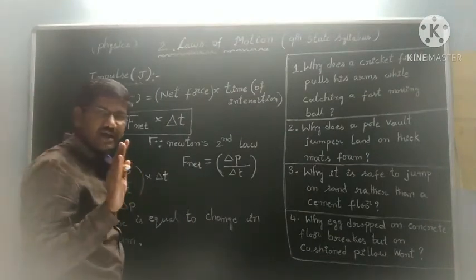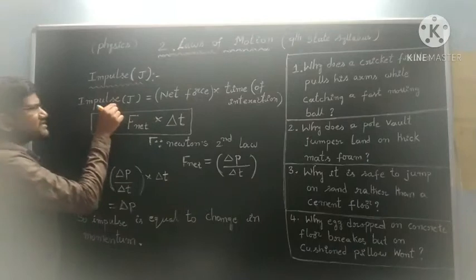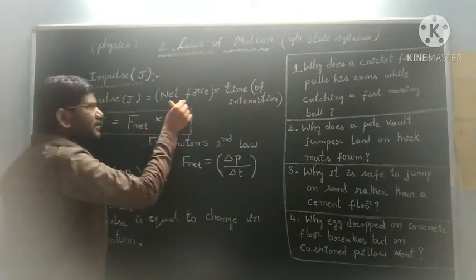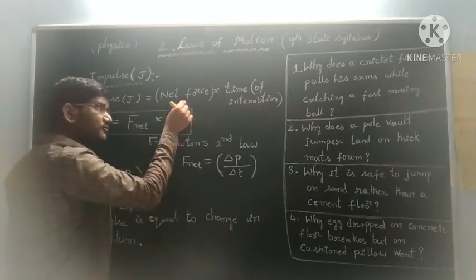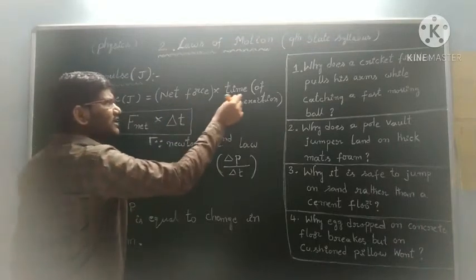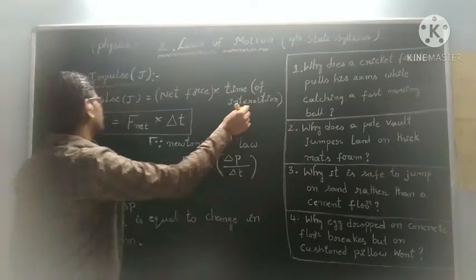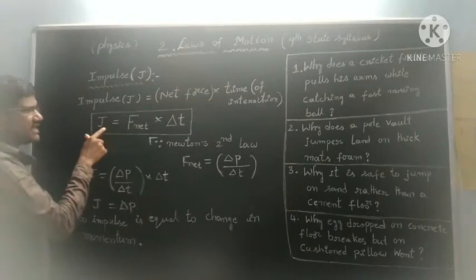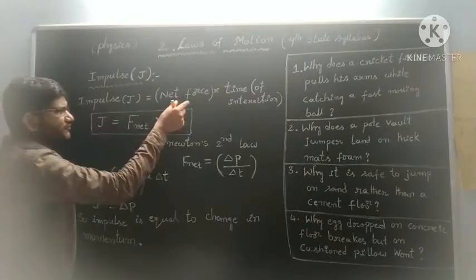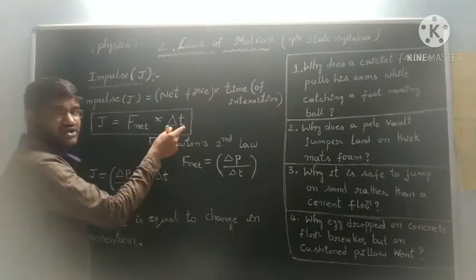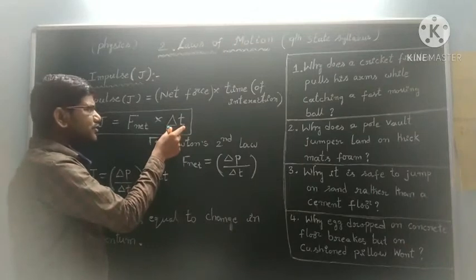Simply remember, my dear students, impulse is a product of the net force acting in a very small interval of time. So impulse, the letter J, is equal to net force F net and the interaction time delta T.